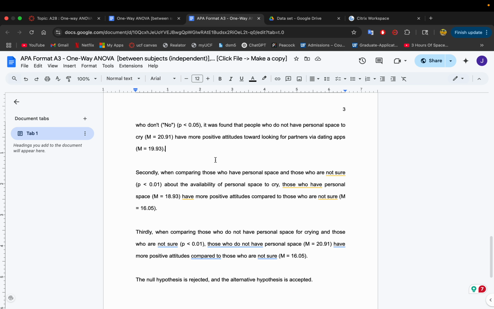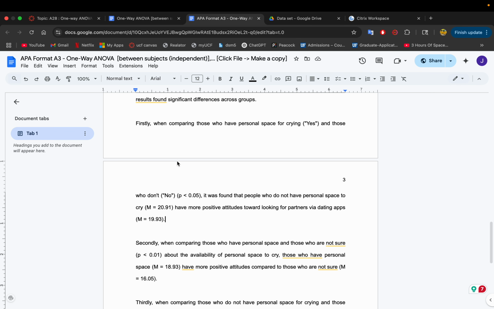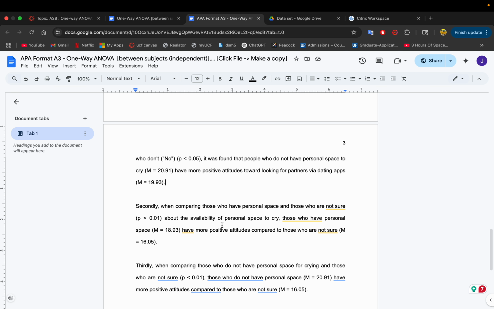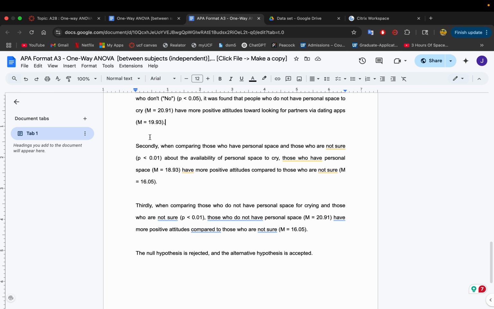So it's comparing this mean to this mean, and it's proving that you can compare them by having this P be less than 0.05.